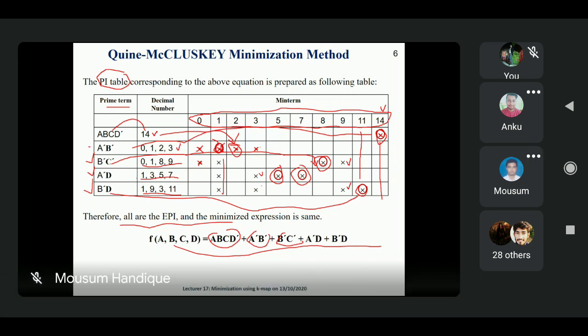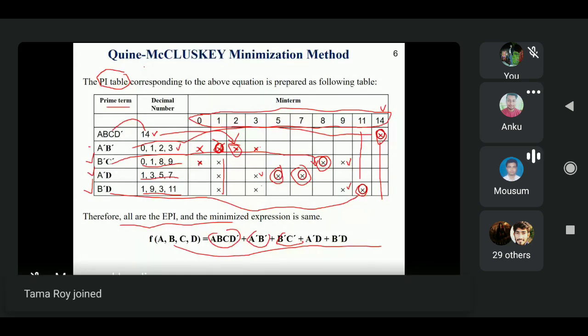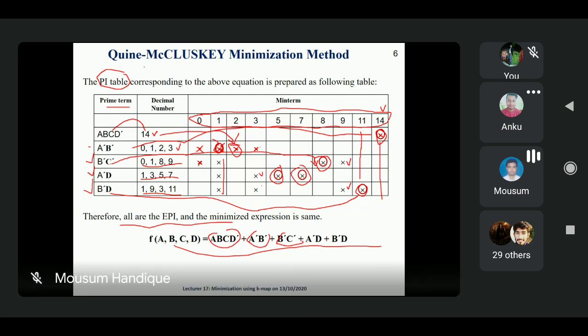Remember one thing: don't compare directly with the K-map when you are finding the EPI. What I want to say is that when you are using the Quine-McCluskey method, this particular table we are constructing is for finding the EPI and PI.